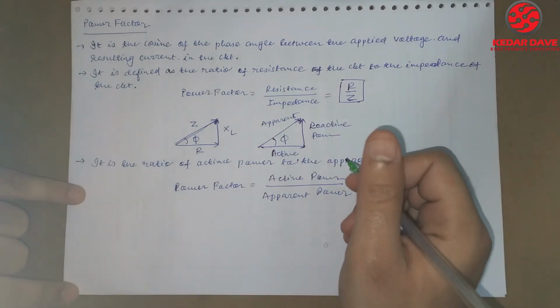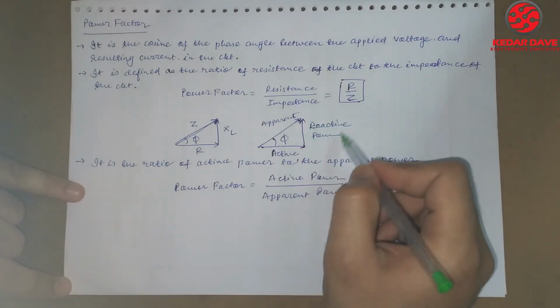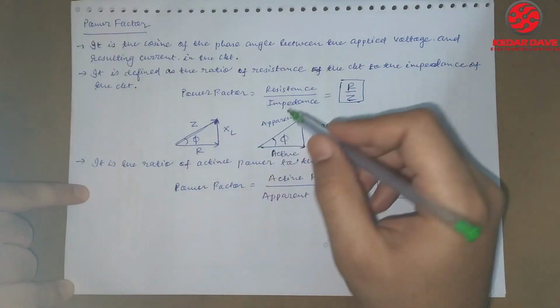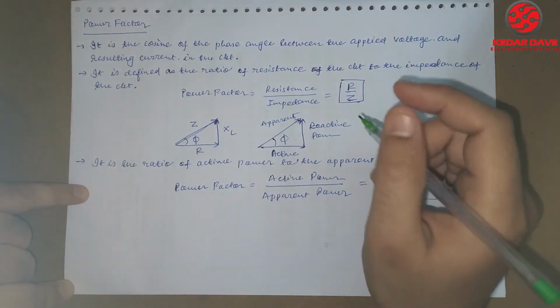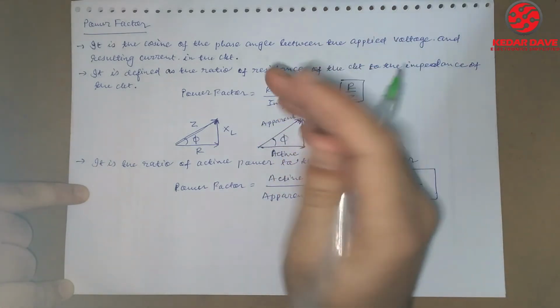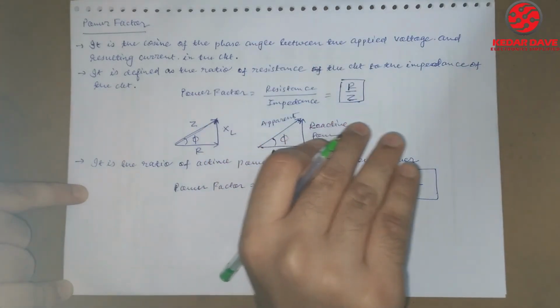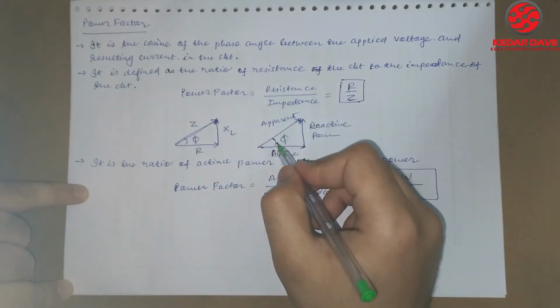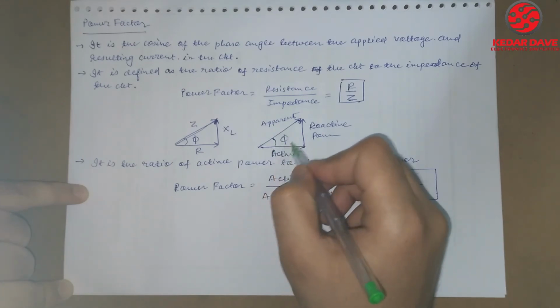So ultimately, if my reactive power is more in this particular system, then we need to inject a capacitor bank at some end to improve this power factor.